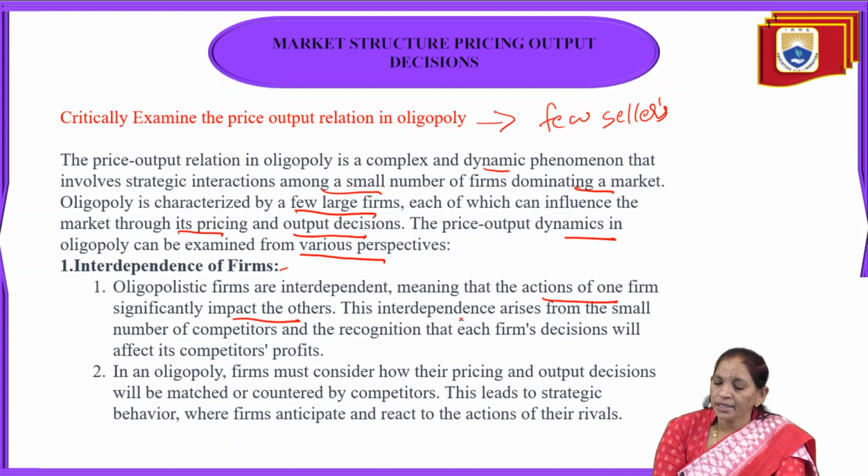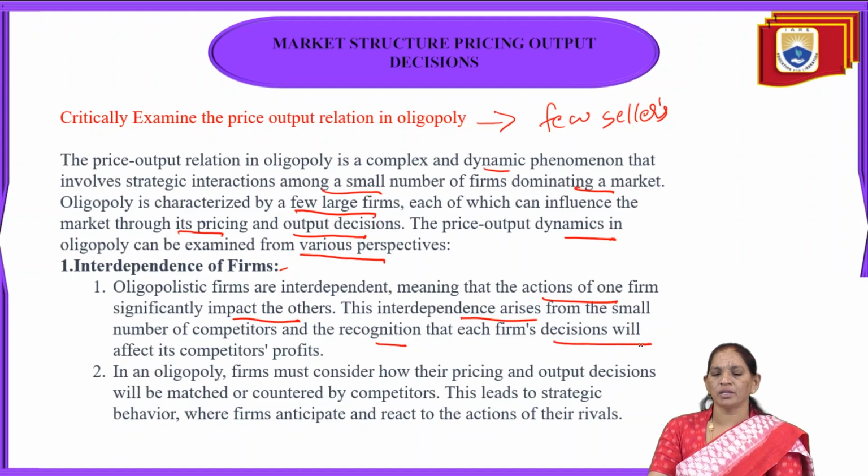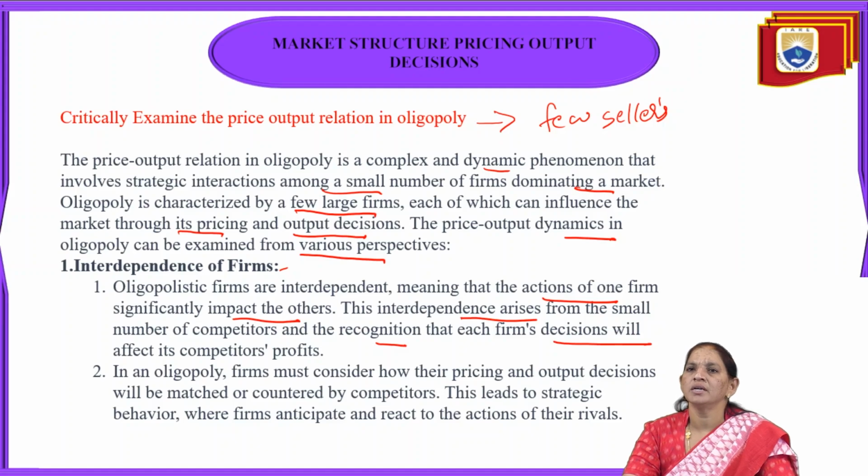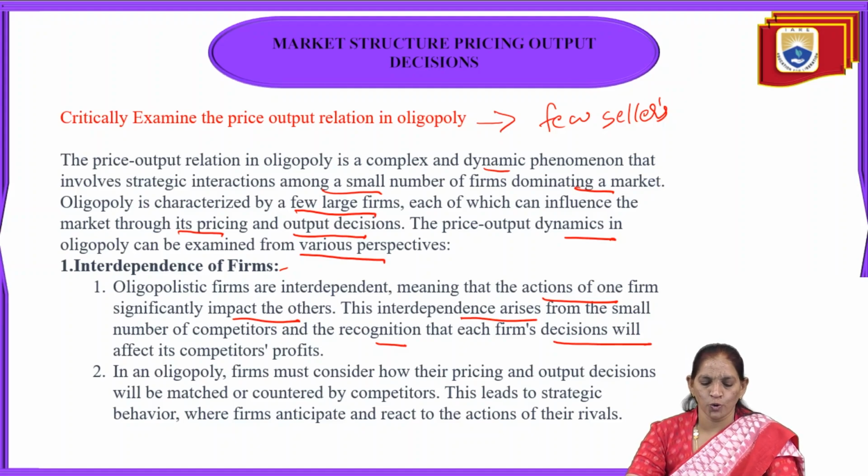This interdependence arises from the small number of competitors and the recognition that each firm's decisions will affect the competitors' profits. Maybe there are very few producers to compete, but one's decision is interdependent with another, such that every firm will have an impact or influence upon the competitor's profit.